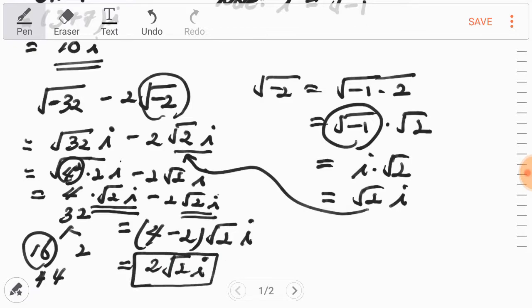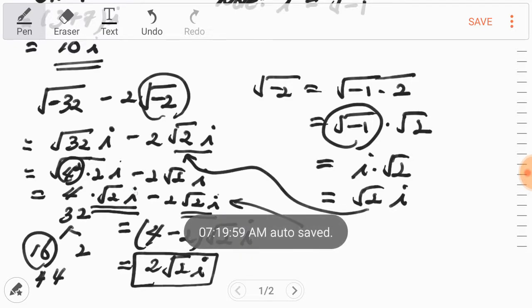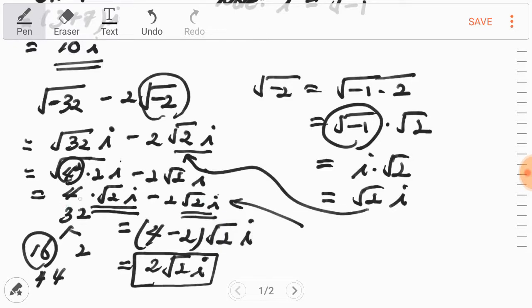So the final result is an expression with only i and some numbers in front of it as a coefficient. This part is important. These two terms have the common factor square root of 2 i, so factor it out and then add the coefficients. So 4 minus 2, followed by the square root of 2 i.